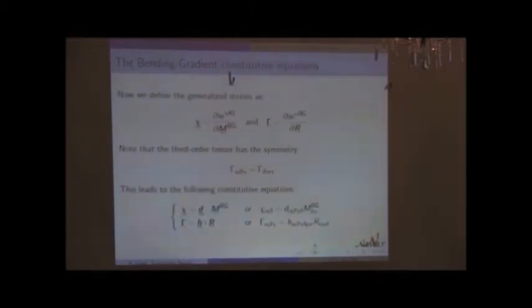So if you do that, you just compute the derivative of the stress energy. You find directly the constitutive equation, namely what I started with: the curvature is related to the bending moment with the bending compliance. This is straightforward. And you can see that the generalized shear strain is proportional to the generalized shear force.